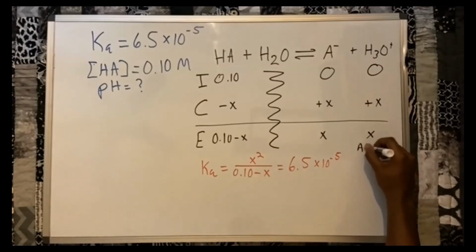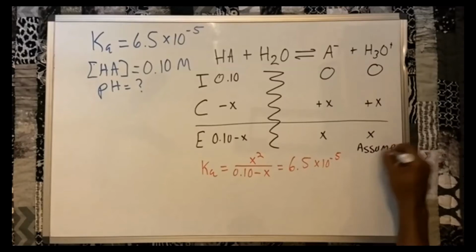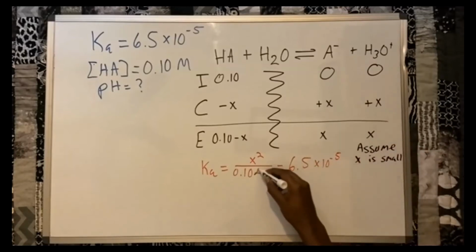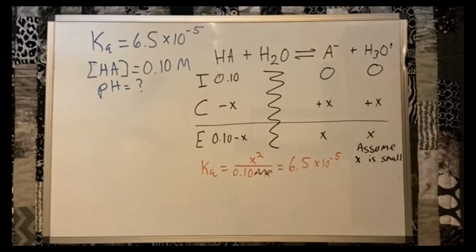Delete that. Solve for x. So if I do this, what is x going to be? 0.00255?